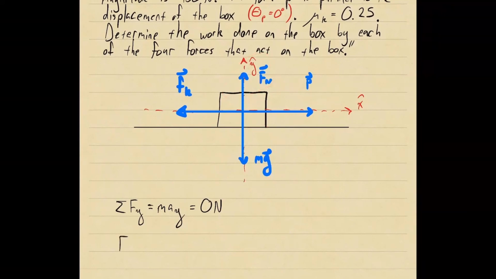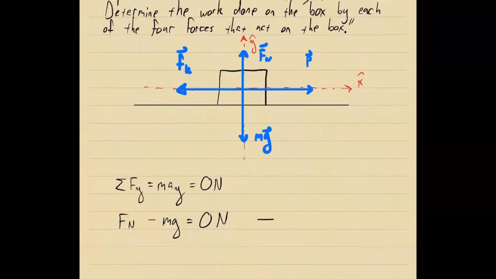So the normal force is positive, right? Because it's pointing in the positive y direction. And we have the weight mg pointing in the negative y direction, so it gets a minus sign. And it's equal to 0. Right? And this just tells us that the magnitude of our normal force is going to be equal to the magnitude of the weight mg.